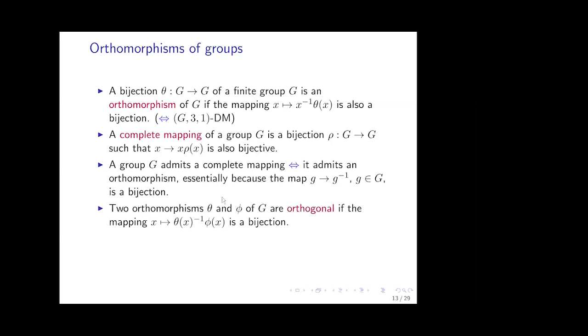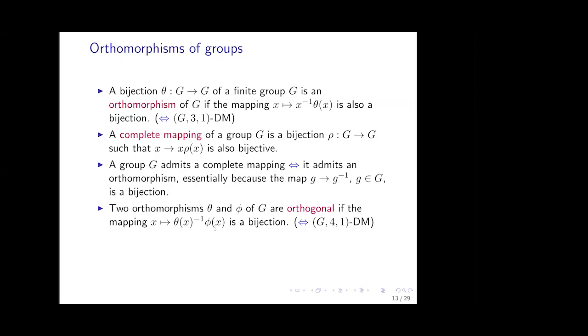Two orthomorphisms, theta and phi of G, are orthogonal if the mapping x to theta x inverse times phi x is also a bijection. Actually, this concept is equivalent to a G,4,1 difference matrix. We can construct a G,4,1 difference matrix such that its first row consists of all the identity of the group G, the second row is x, the third row is theta x, and the fourth row is phi x.